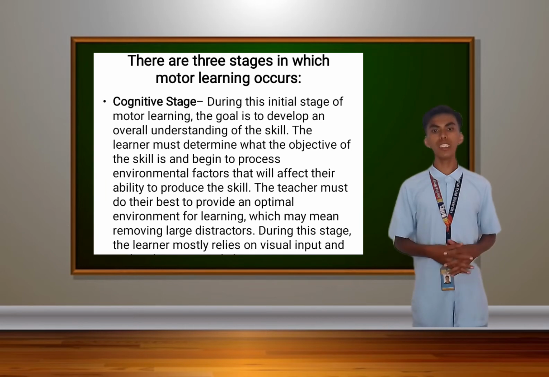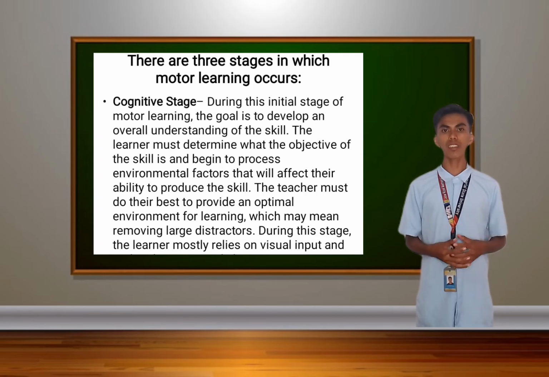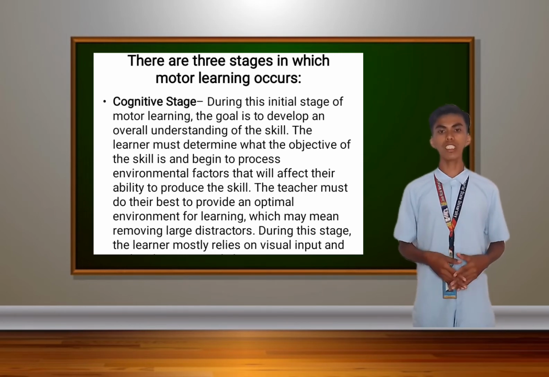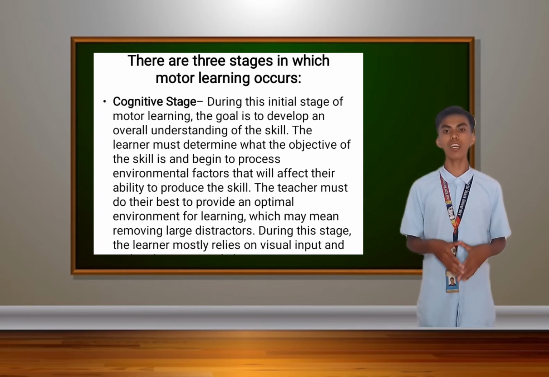So these are the three stages in which motor learning occurs. First, cognitive stage. What is cognitive stage, class? During this initial stage of motor learning, the goal is to develop an overall understanding of the skill.